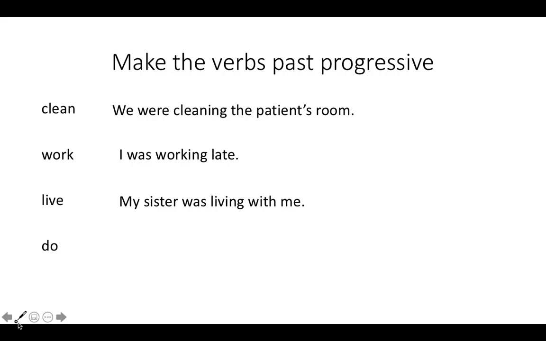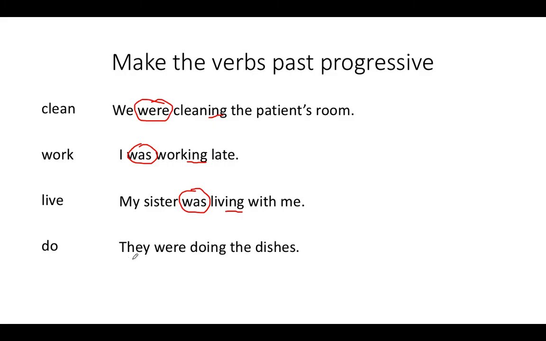So it's important that we have the was or the were and the ing at the end of the verb to let us know that we're talking about the past, and it's the past progressive. That's how we make it.